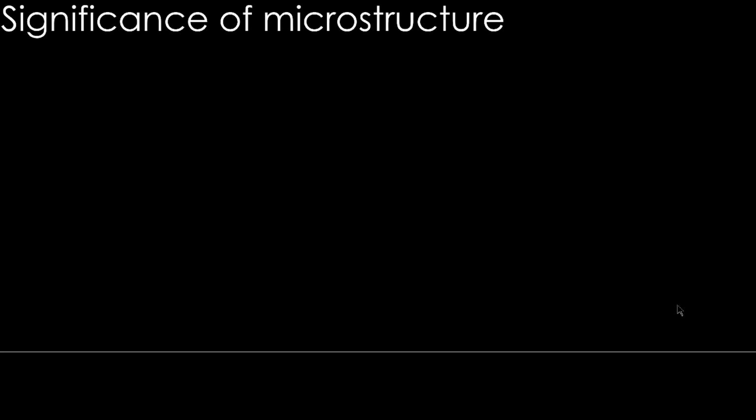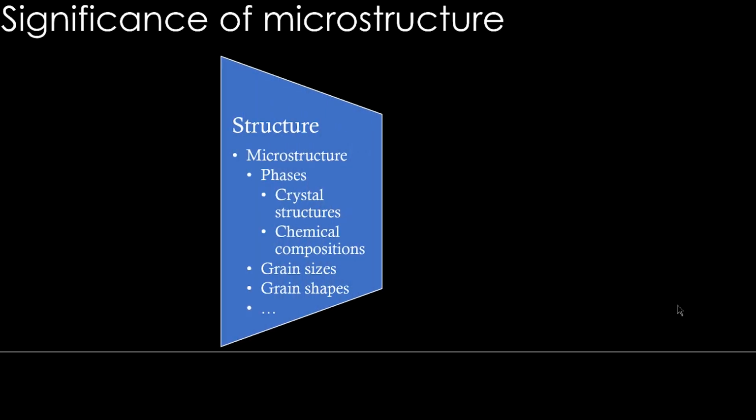With all this understanding, let us look at the significance of microstructure. The structure has these phases with their different crystal structures and chemical compositions, grain sizes, and grain shapes. We didn't talk about these things much, but they are also an essential part of microstructure. All these things are going to affect the properties, but what can be used to control them?